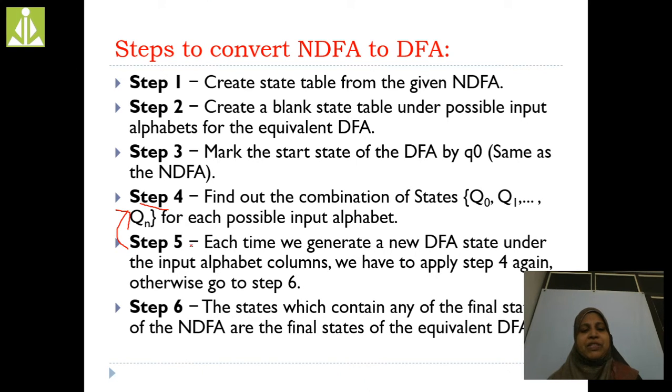We have to perform step 4 recursively, because every time we get a new state, we have to perform step 4. We stop the process when we do not get any new state.